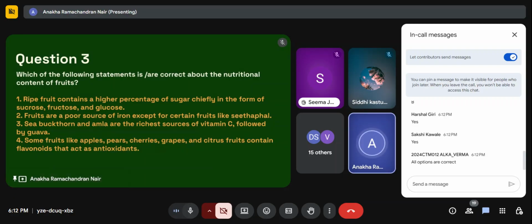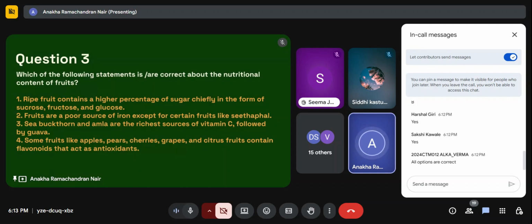Ripe fruits do contain a higher percentage of sugar, chiefly in the form of sucrose, fructose, and glucose. What happens is the complex carbohydrates that were present in the fruits are broken down when they ripen, and these complex carbohydrates give rise to monomers like fructose and glucose, and dimers like sucrose. Fruits are a poor source of iron, that is also correct, except for fruit like sitafal.